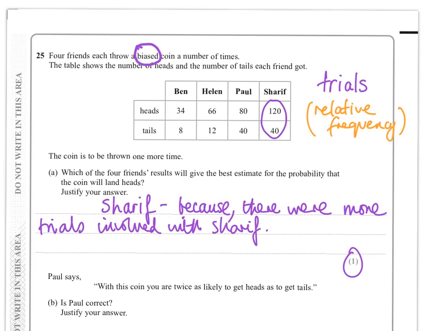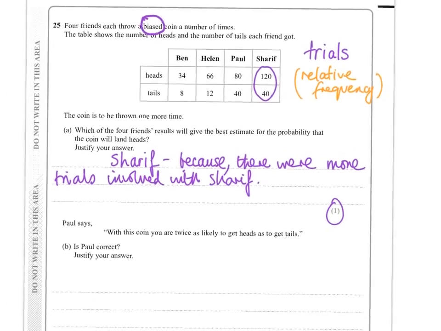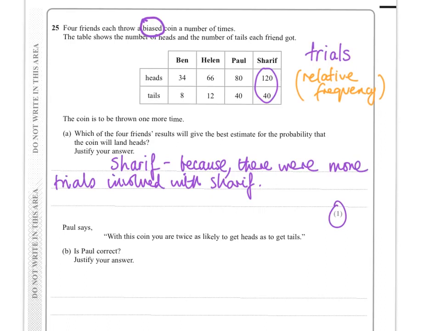The next part of the question says, Paul says, with this coin, you are twice as likely to get heads as to get tails. Is Paul correct? Well, in terms of Paul's data, he would think that, wouldn't he? Because he did get twice as many heads as there is tails. But don't forget, we're looking at having a reliable set of data, i.e. the more you flip that coin, the more reliable the data will be, because you'll start to see a pattern.